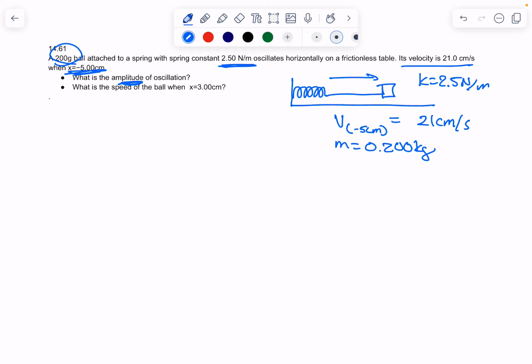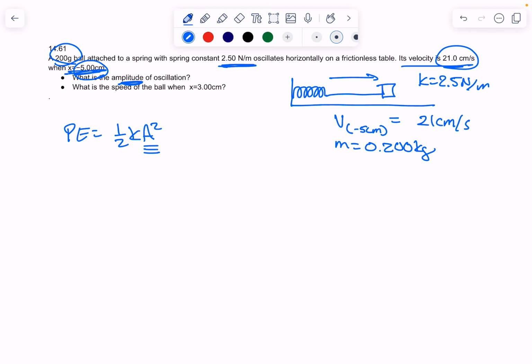When I've completely stretched it, the total potential energy is equal to 1/2 k amplitude squared. We're trying to solve for this, but we know its velocity at a particular point, 21 centimeters per second.